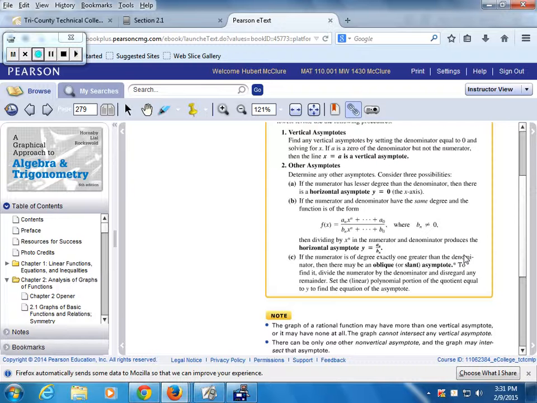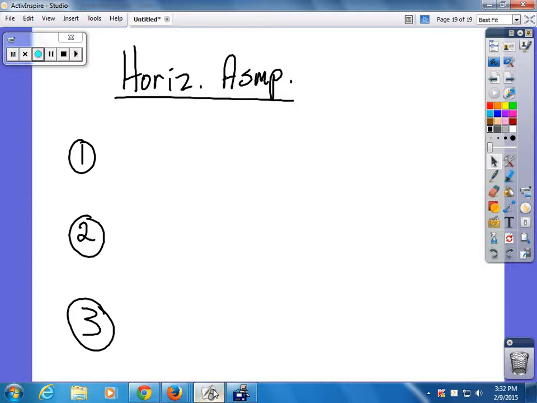And it says right here, if the numerator has a lesser degree than the denominator. So I'm going to go over here. If the numerator has a lesser degree, and I'm going to go denominator degree minus 1.